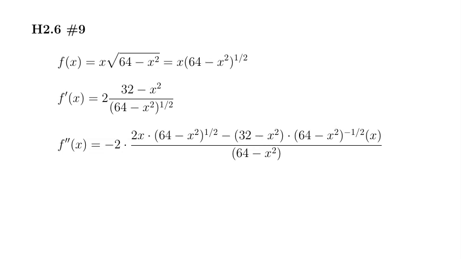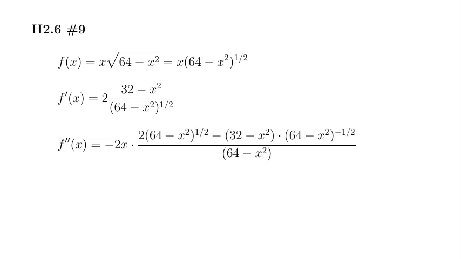So x is pulled out, and we end up getting something like this, right? It looks like there's nothing else we can pull out. So what we can do is eliminate the fraction inside the fraction. This negative 1/2 power means there's a reciprocal involved, so there's going to be a fraction.